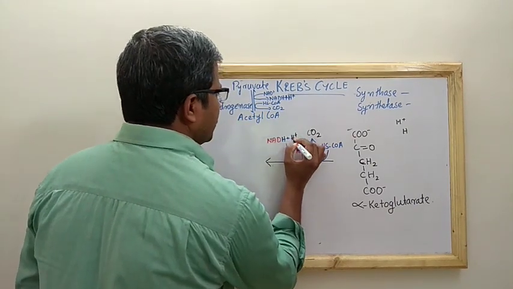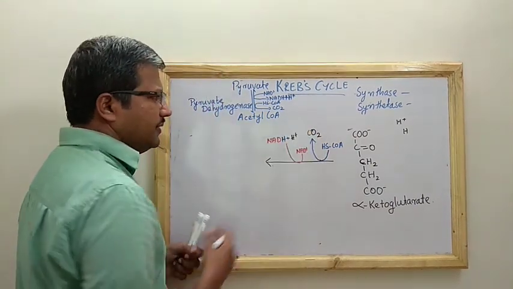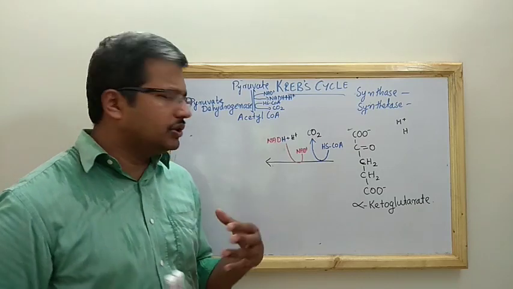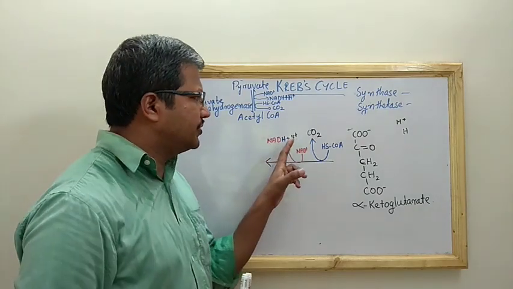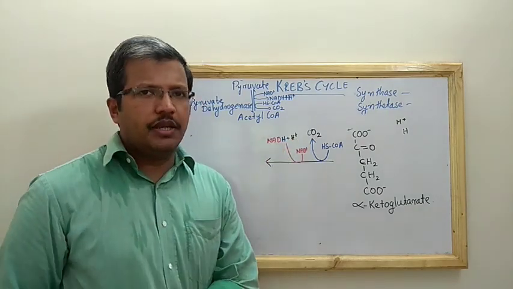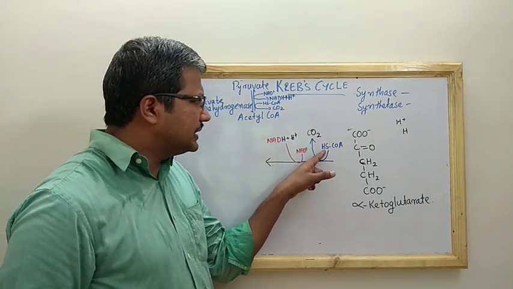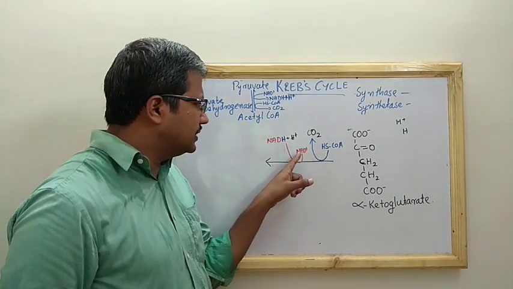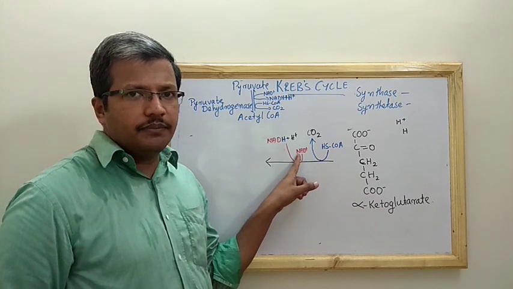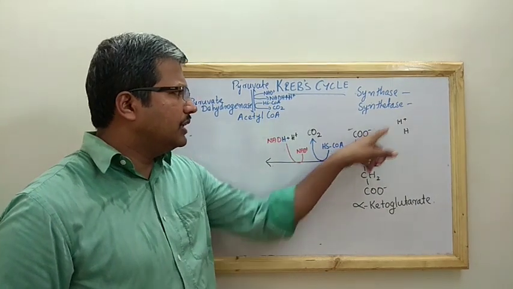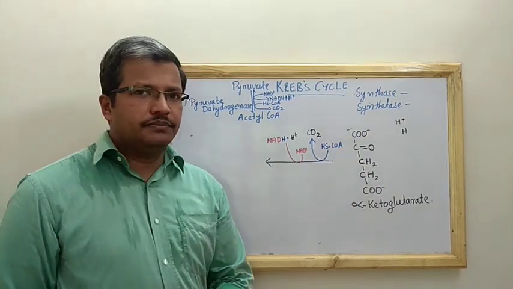Normally we will not be representing this particular H plus here. In reference books you can see only the NADH, not NADH plus H plus. Reason is only this hydrogen will be reducing this particular NAD plus, even though this component is actually there.